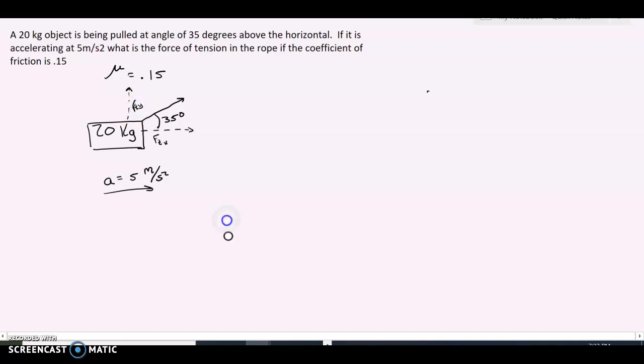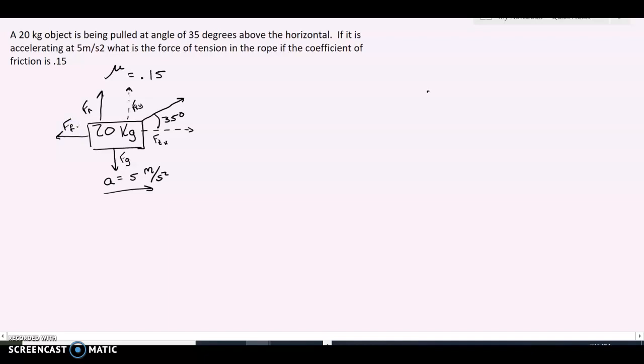So then we also have gravity. It's always a good place to start. And a normal force pushing back up against it, because it is sliding on the ground. And because it is sliding, we will have a force of friction pushing it backwards.